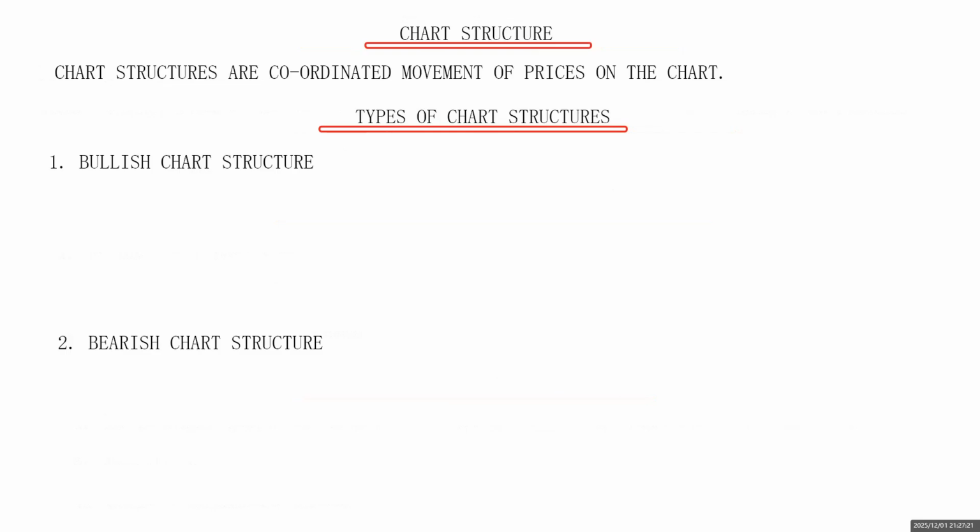Okay, it's important to note that the bullish chart structure entails a coordination of higher highs and higher lows. This means that when it comes to the bullish chart structure, we see clear coordinations of higher highs and higher lows. While for the bearish chart structure, we see clear coordination of lower highs and lower lows.